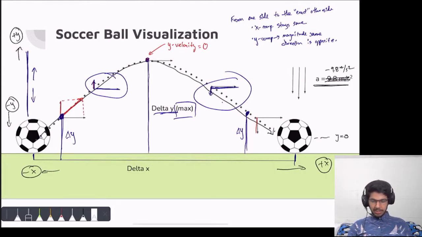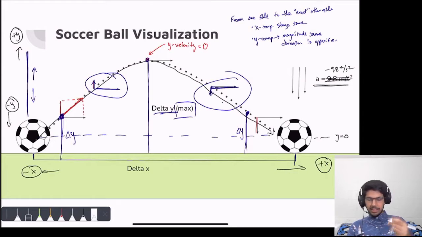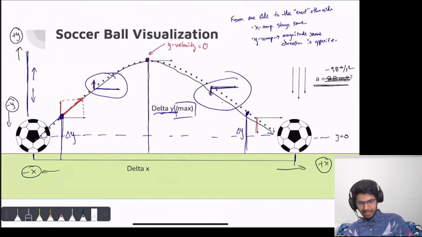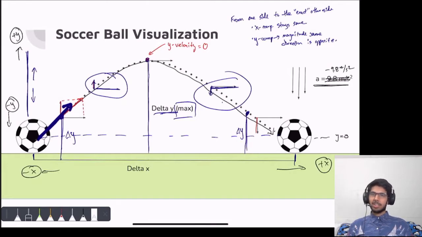Well, if we consider this horizontal here, the initial velocity that this ball experiences, perhaps from a kick, is, I'm going to change the thickness of this, a vector that looks like this, right? Because that's the path that the ball continues to travel. That's the initial velocity.